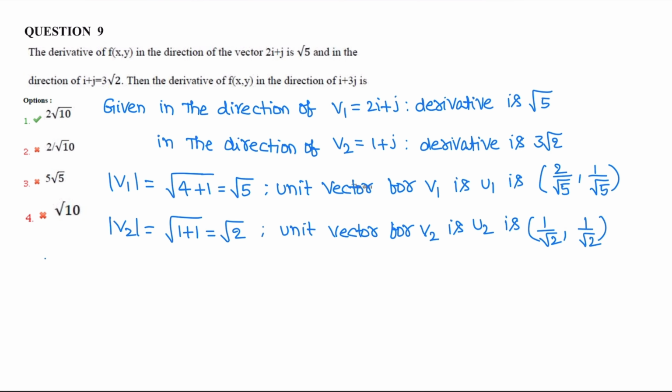Now the directional derivative, delta f into u1, is root 5.